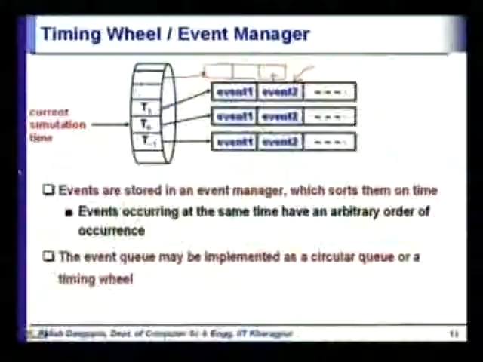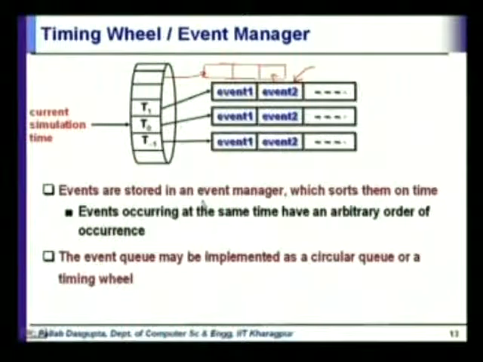So either they happen after 4 units of time or 8 or 16 or 32, but then we don't need 64 units because the granularity of the time is more coarse, right. So this is something which the simulator has to smartly choose, that what should be the size of the timing wheel. If you keep a very large timing wheel, you are using up a lot of memory for that. So that is one of the choices.